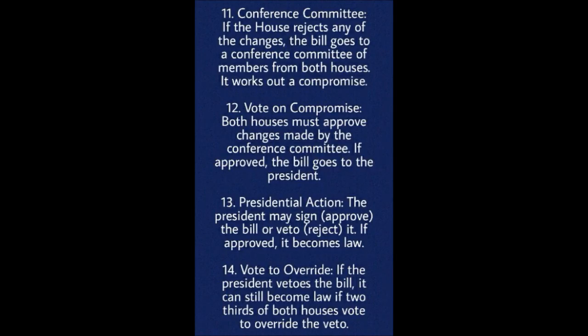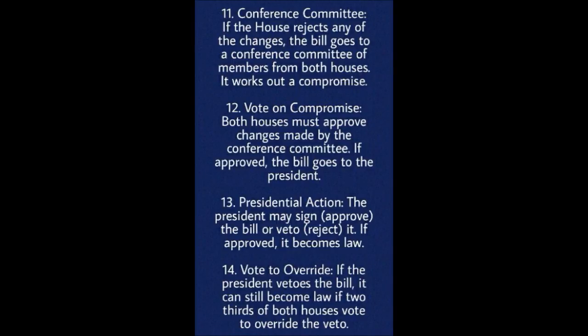Step number 11. Conference Committee. If the House rejects any of the changes, the bill goes to a conference committee of members from both houses. It works out a compromise. Step number 12. Vote on compromise. Both houses must approve changes made by the conference committee. If approved, the bill goes to the President.